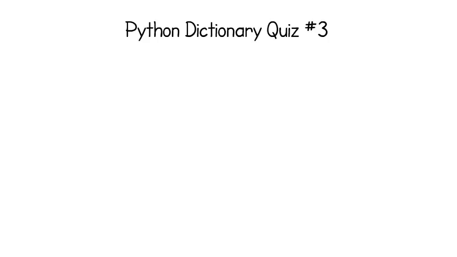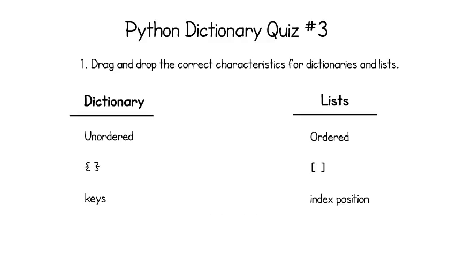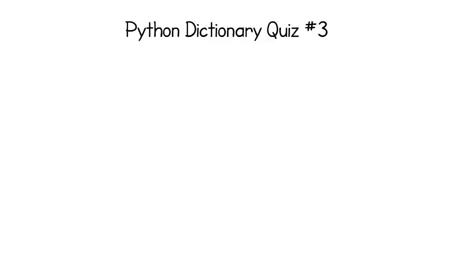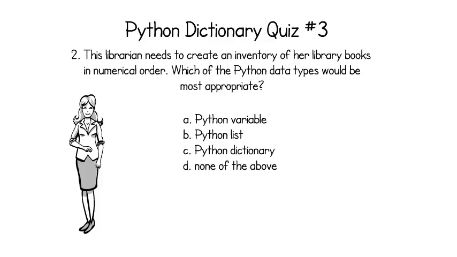Awesome! You made it to your final quiz. For the first question, drag and drop the correct characteristics for dictionaries and lists. Your answer should look something like this. For our next question, consider this scenario.